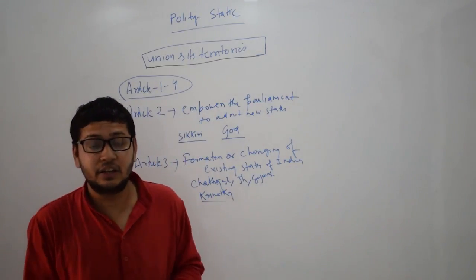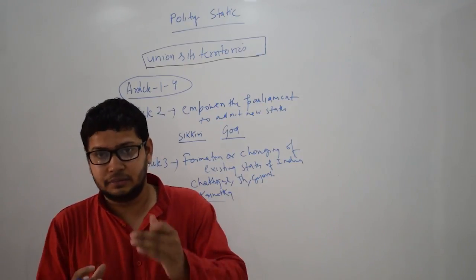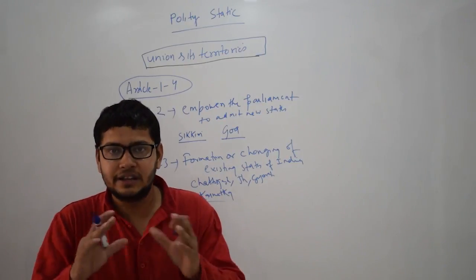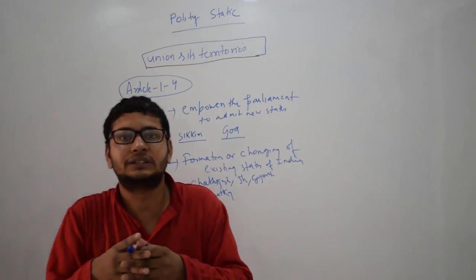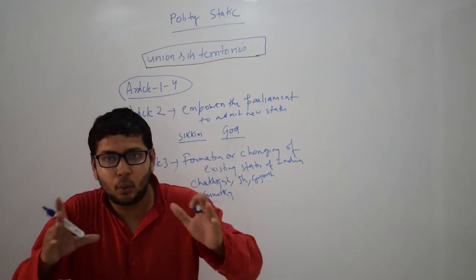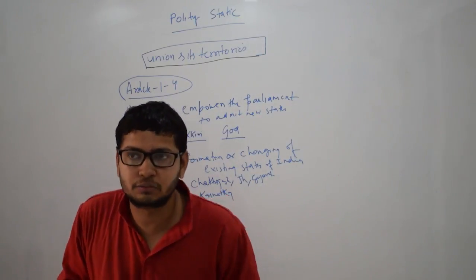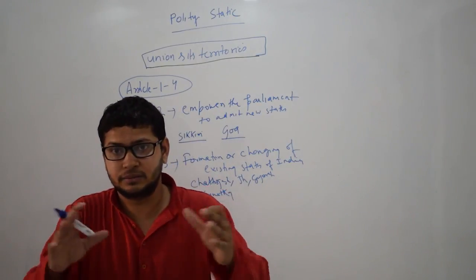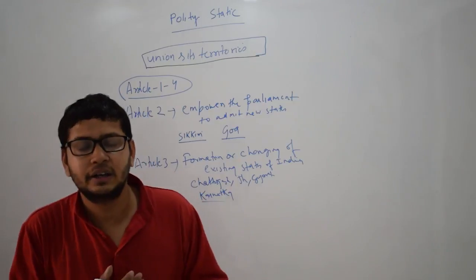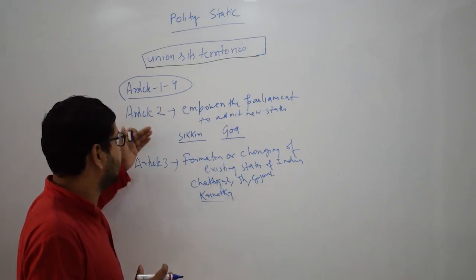They were inside the Indian Union, and later the Parliament has changed them, or combined many territories into one state, or divided one large part of territory into small states, like we did with Madras, and with the Bombay state. So this is the main difference between Article 2 and 3.